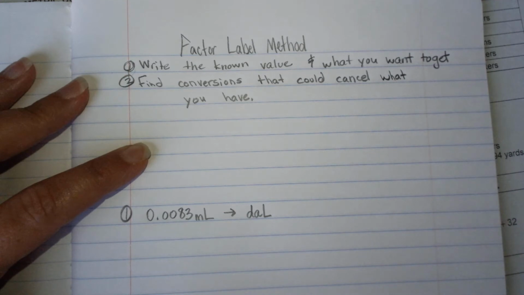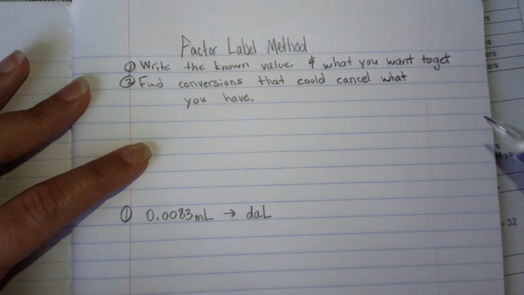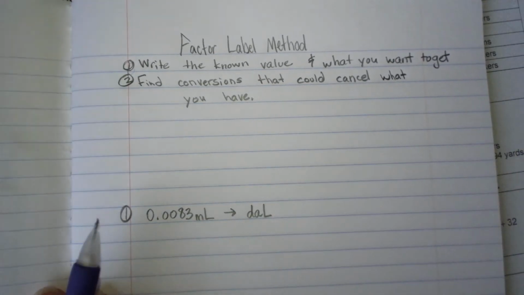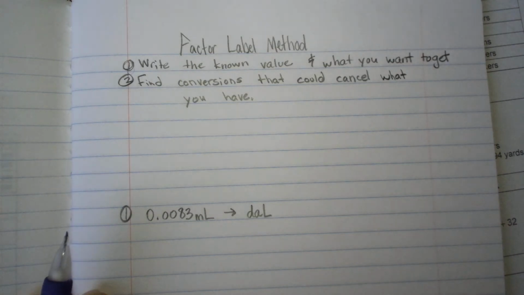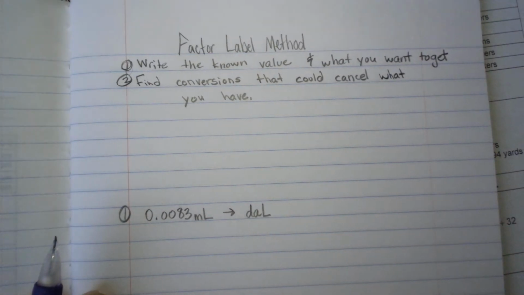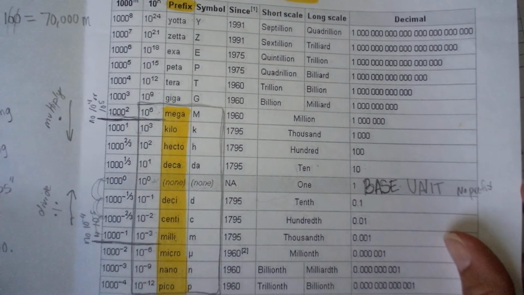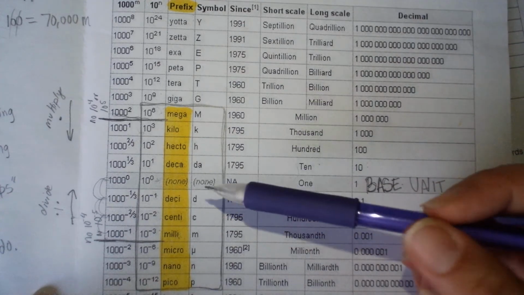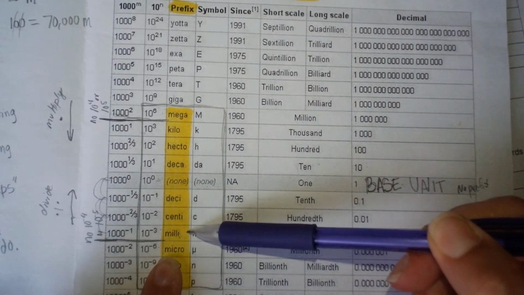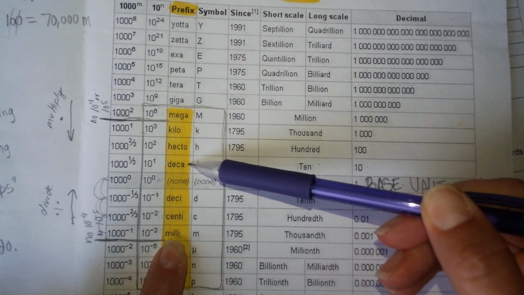Alright, so I am looking at my problem here, and I'm going from milliliters to deciliters. Now, we did this the other day. Remember we had this page, and we could go from milliliters right here to deciliters right here.